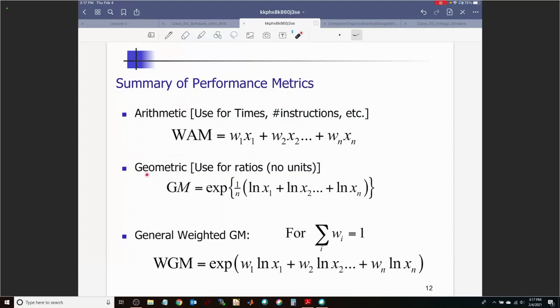This is the geometric mean of the ratios. Or in general, you can do the weighted geometric mean, where you're using the fraction of the time as well, with the advantage of using geometric mean being that it removes the effect of normalization.